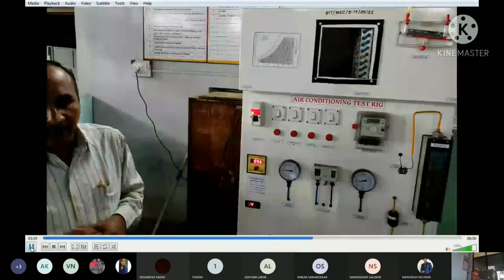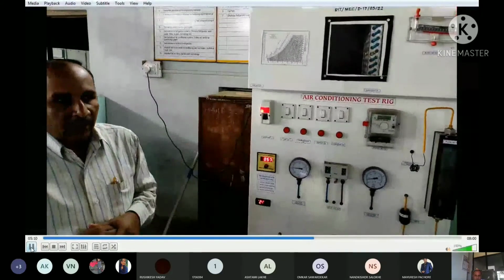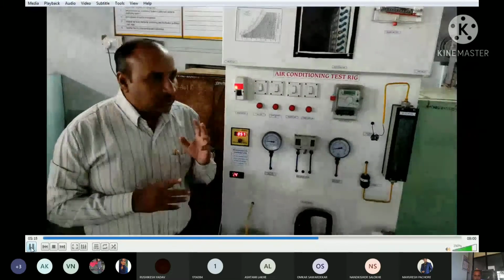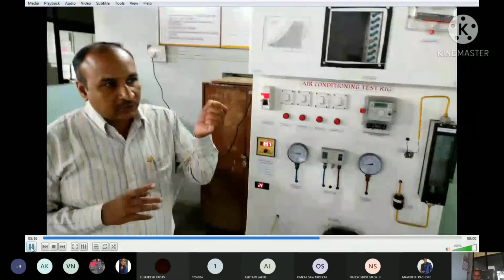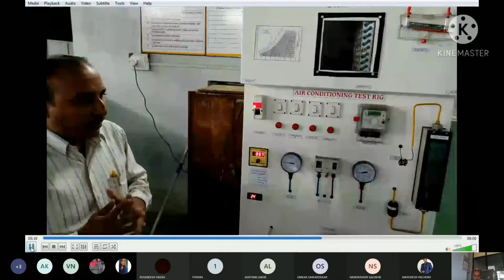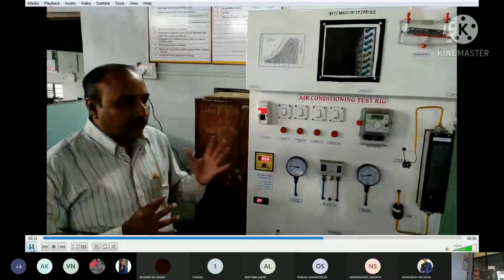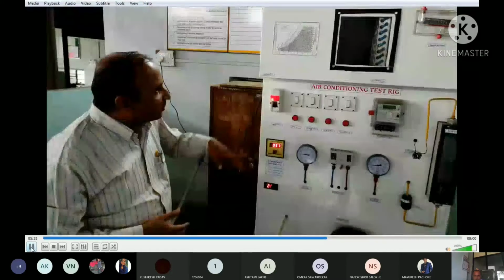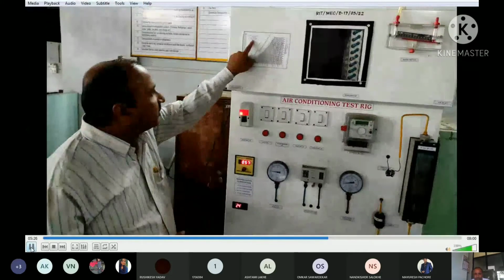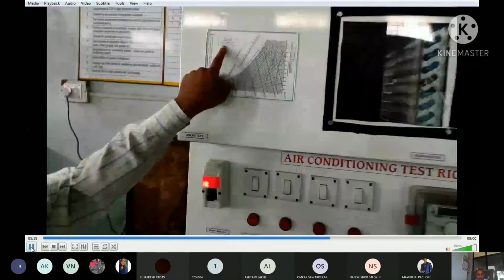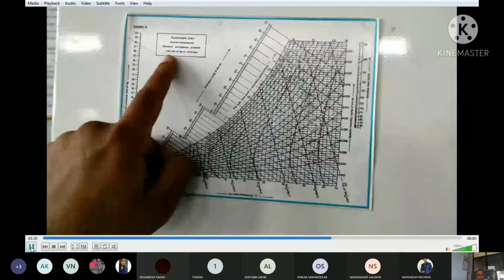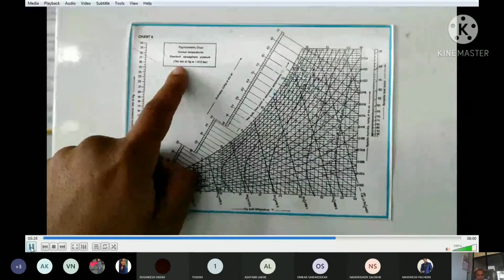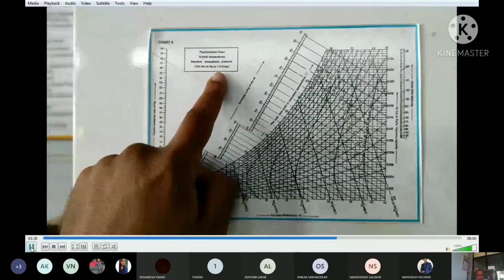Which are those properties by which we can plot a point? It means which properties can be measured, like temperature, like pressure, like velocity. See, this chart is made for a specific pressure, that is 760 mm of Hg or 1.013 bar.